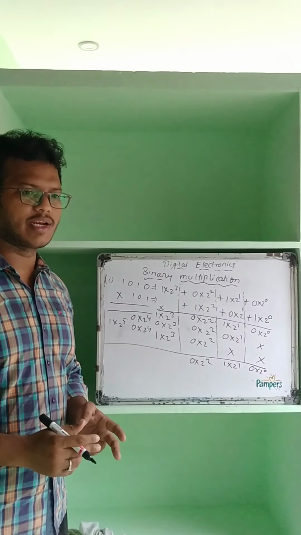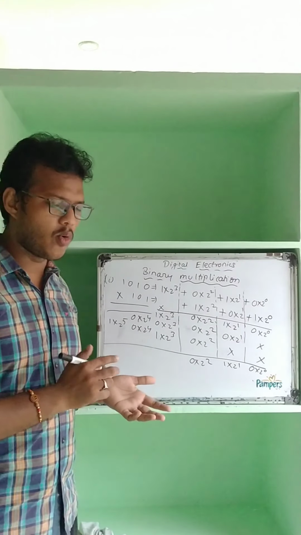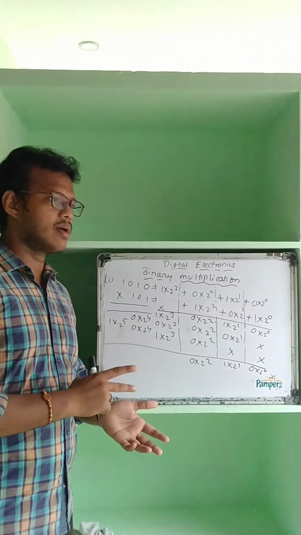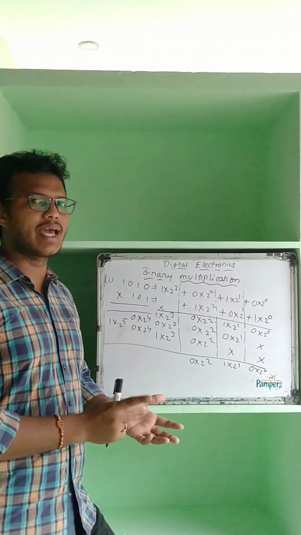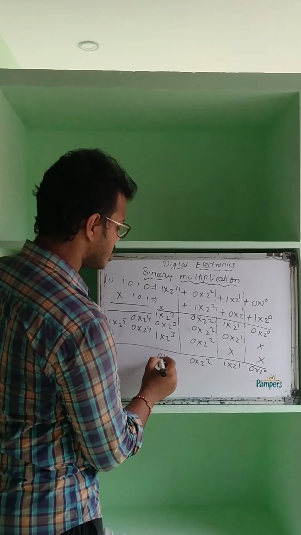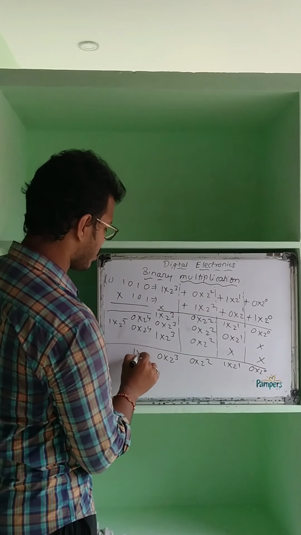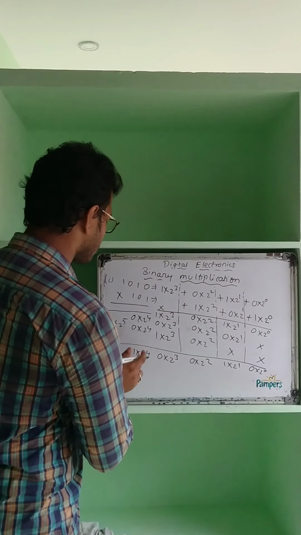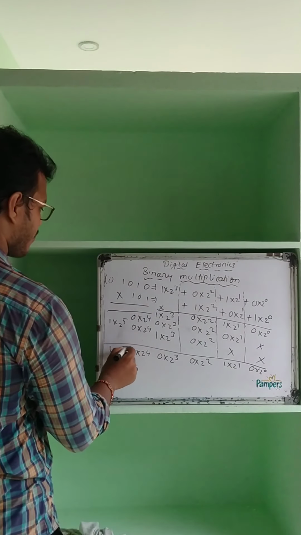If we add the two binary numbers, what I explained, 1 plus 1, the sum is 0 and carry is 1. 1 plus 1, the sum is 0 and carry is 1, then 1. So 1 into 2 power of 4. So the carry is 0, so 1 into 2 power of 5.